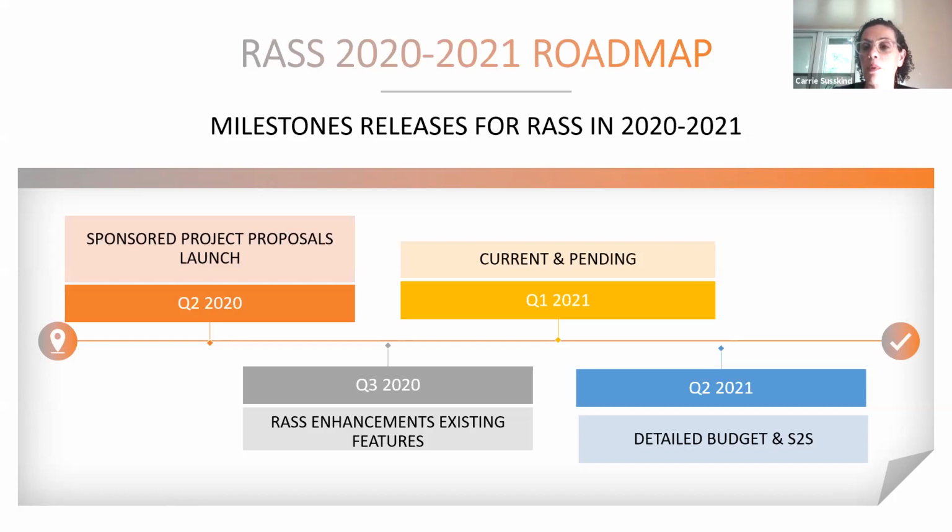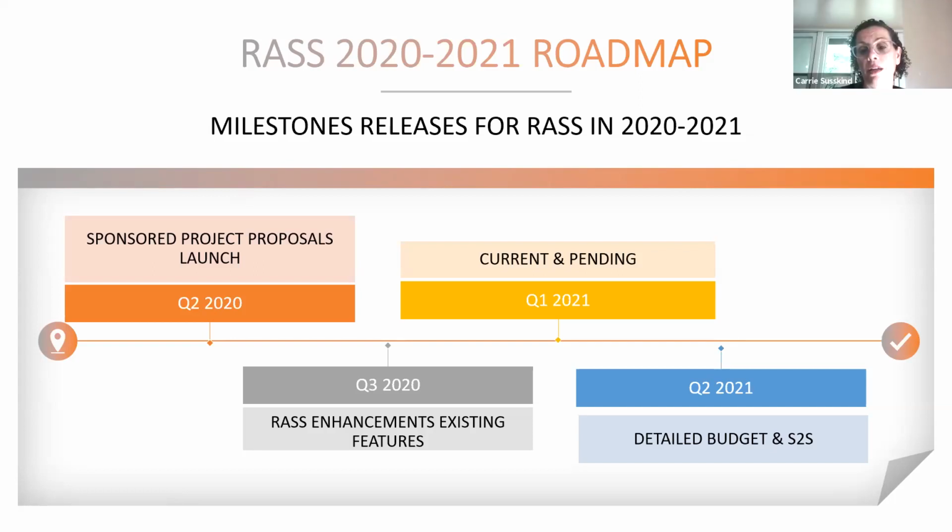In addition to that, we have some larger enhancements planned for the system. So we're going to be looking at rolling out some functionality to better support the current and pending process on campus. And we're targeting the first quarter of 2021 for that functionality.